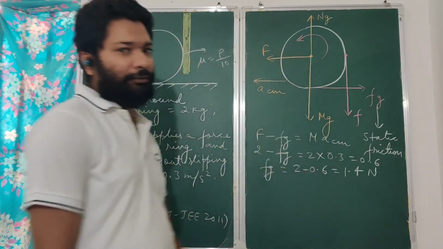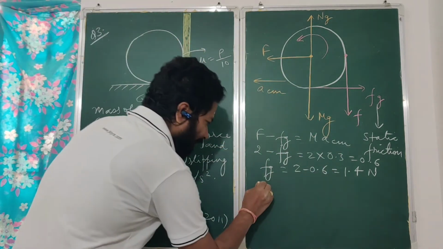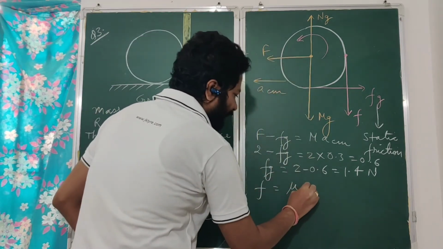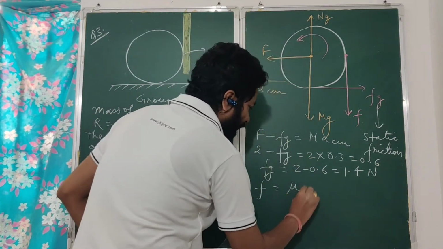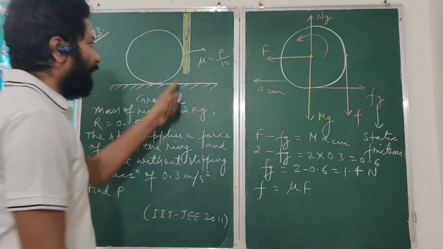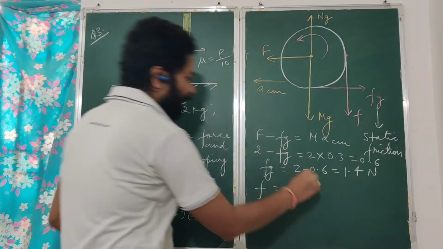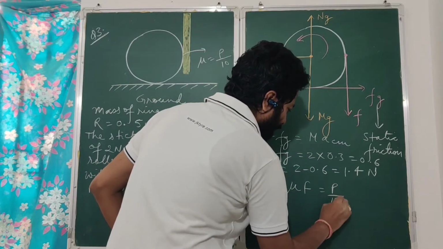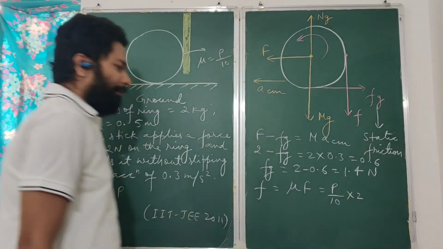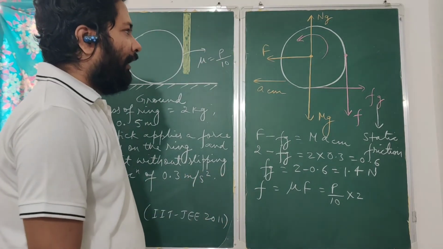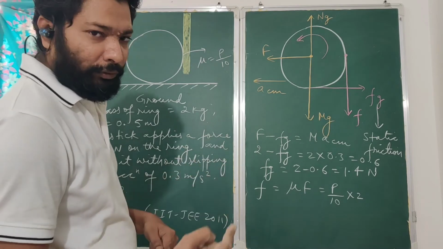It will be mu into N. And what is normal reaction? It is F, the contact force between the stick and the ring. So mu is given as P by 10 and F is given as 2. So we'll keep it like this. This is the frictional force.